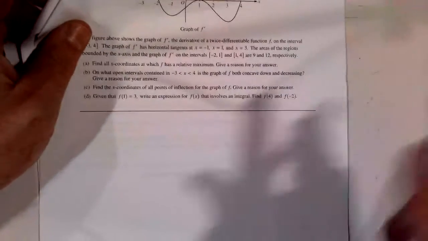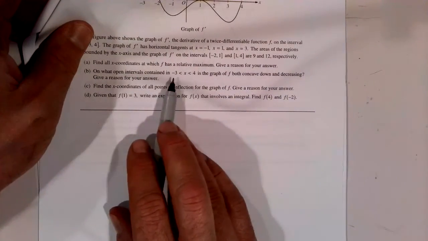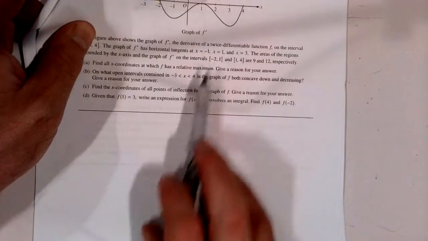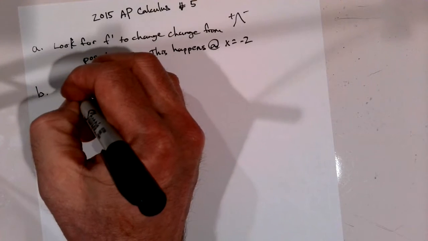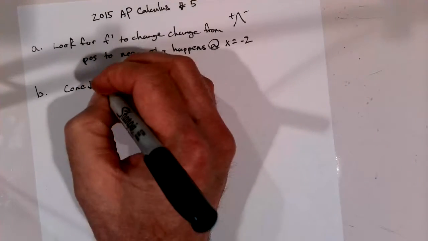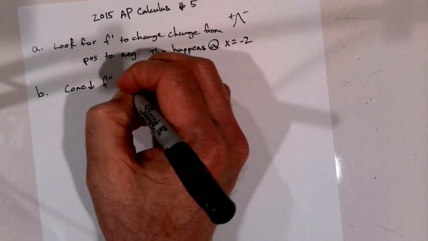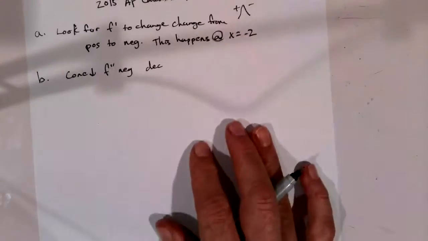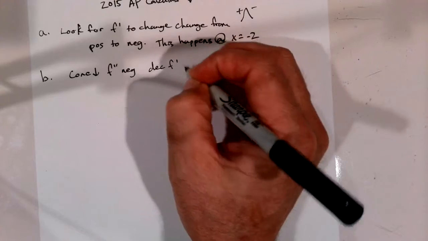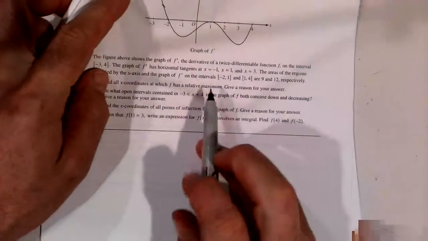B says, on what open intervals, -3 to 4, so -3 to +4, is the graph both concave down and decreasing? Well, concave down is where f double prime is negative. Decreasing is where f prime is negative. So if we look here, where is f prime negative?